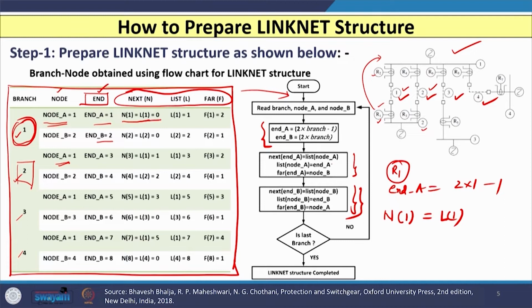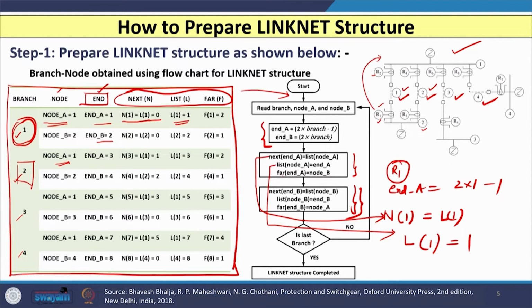Similarly, the next point is the list point. You can see here list node A. So, L and node A is available as 1, that is equal to nA. So, nA is again available as 1, and you can see that my L1 is equal to 1.